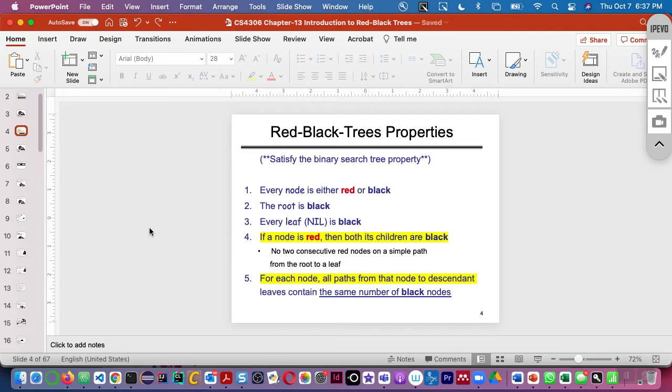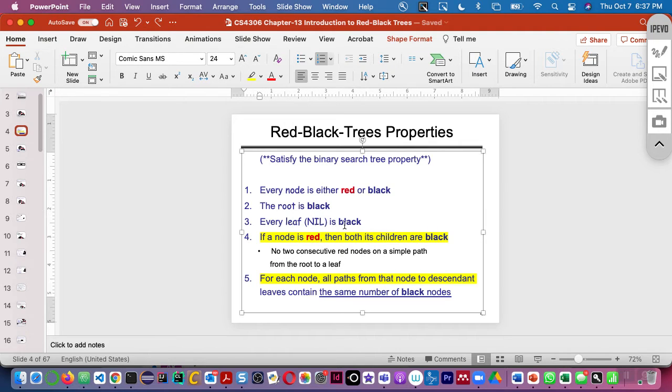Any node is either red or black, the root is always black, and the leaf is black. And the last two are the most important and most troubling. If a node is red, then both its children are black. In other words, there are no 2 consecutive red nodes like parent and child, because it says if a node is red, then both children are black.